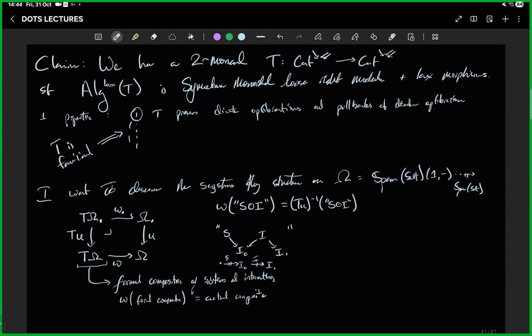Now, what does that mean? Well, remember, U just forgets the pointing of the sets involved in all these things. So in other words, T of U inverse is something: I have this diagram here, and then over it, I'm going to put an element.